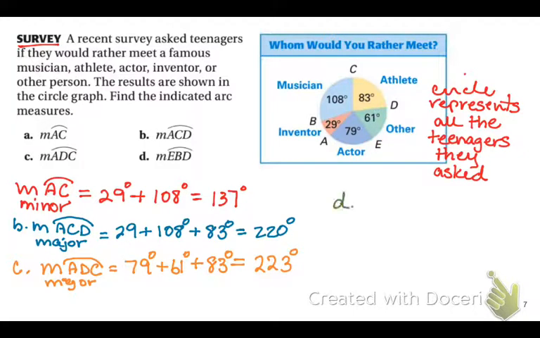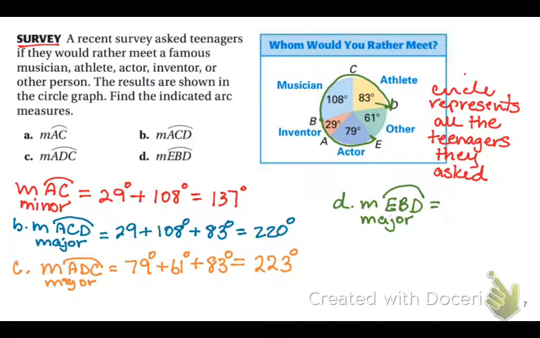Okay, so I'm going to put D over here. Measure of EBD, arc DB, is equal to... here we know it's a major arc, so it has the 3 letters. Our starting point is E, our next point is B, and we're going to go all the way around to D. It's almost the whole circle.